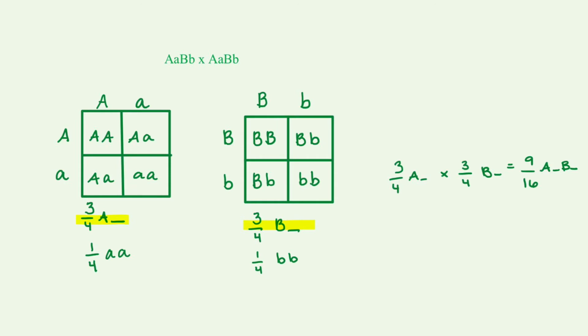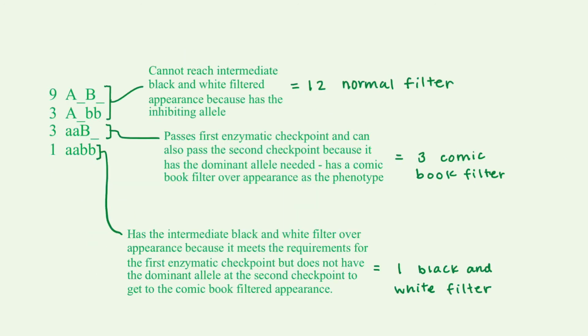So if we follow this out through all the other possibilities, we get a 9 to 3 to 3 to 1 ratio. And in analyzing the phenotypes, we can see that 12 would be normal filtered, 3 would be comic book filtered, and 1 would be black and white filtered. And these phenotypes express whether or not the dominant allele was present at the first or second locus and how the first locus affected the second locus.